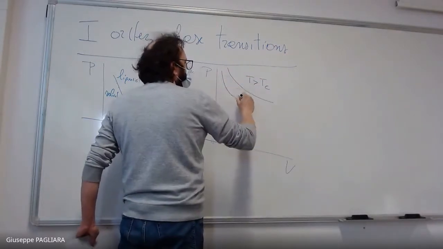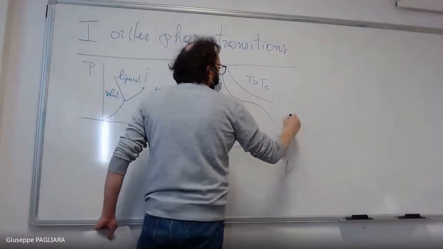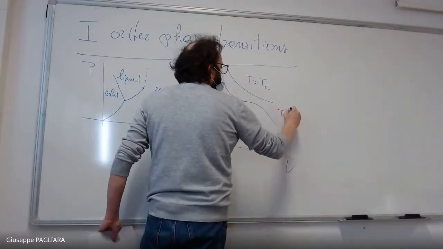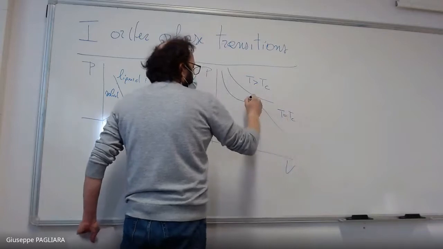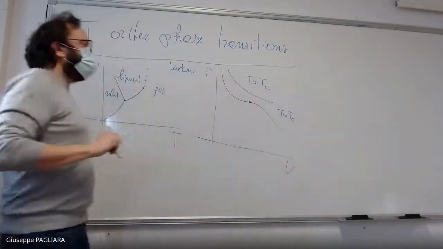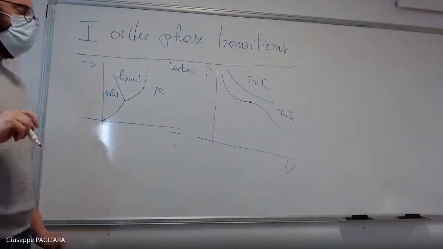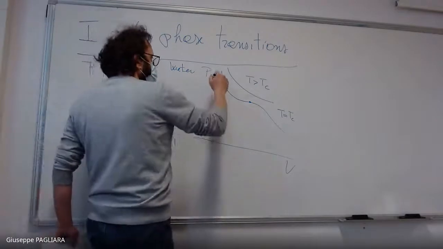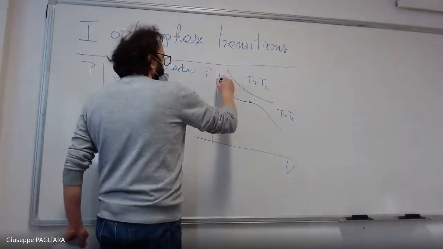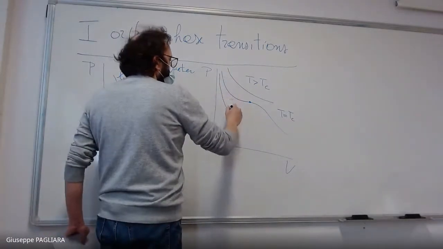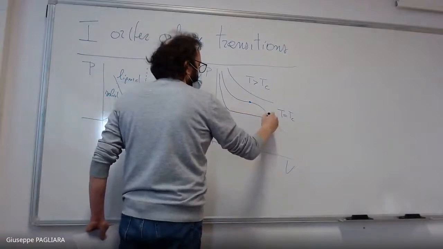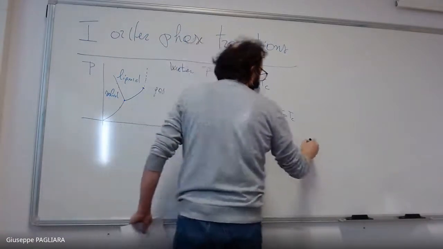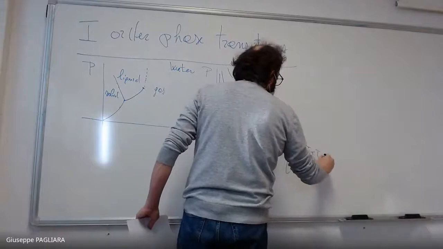Then there is a line for which T is equal to Tc, for which we have a point in which the derivative of the pressure with respect to the volume is equal to 0. And then there are the lines in which we have the mixed phase, something like that. This is T below Tc.